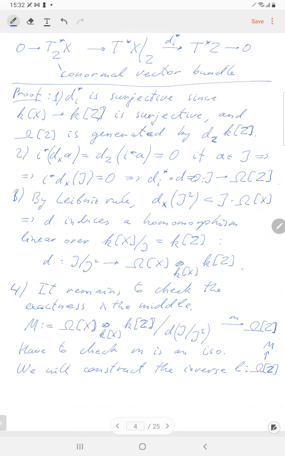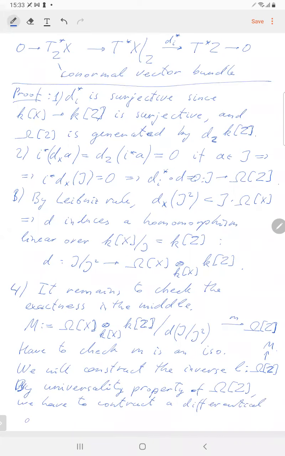Okay, so by universality property of Kähler differentials, we have to construct a differential delta from functions on Z to M. Okay, and then this will give rise to the desired L, and then we'll check that it's inverse to small m here.